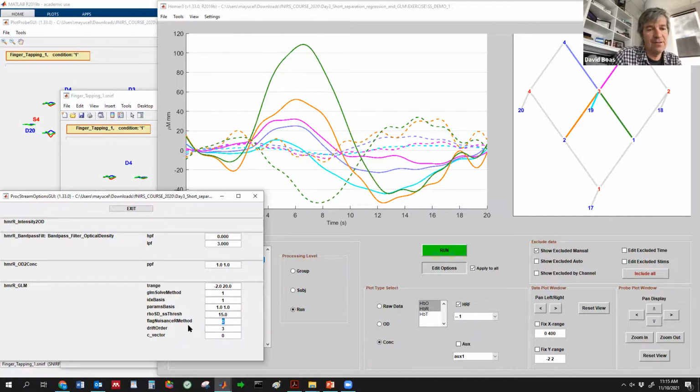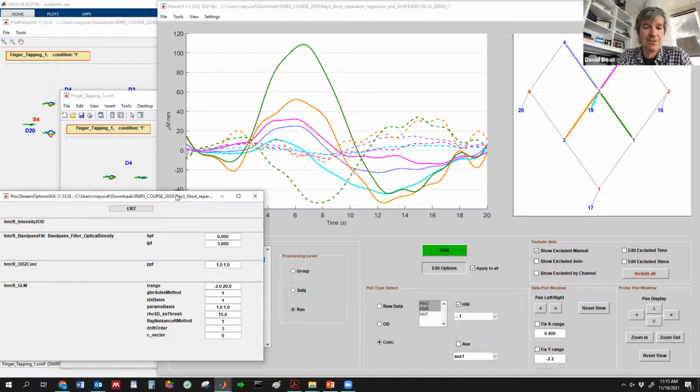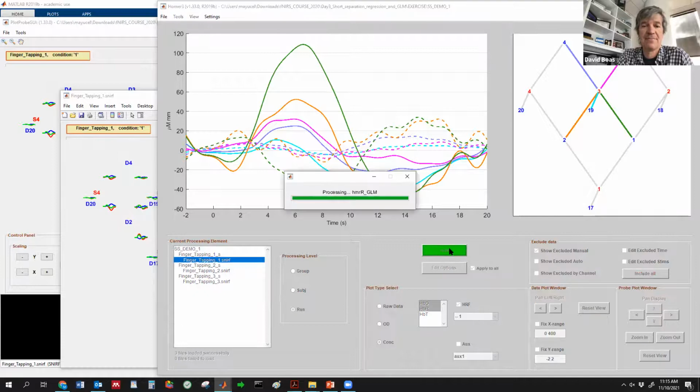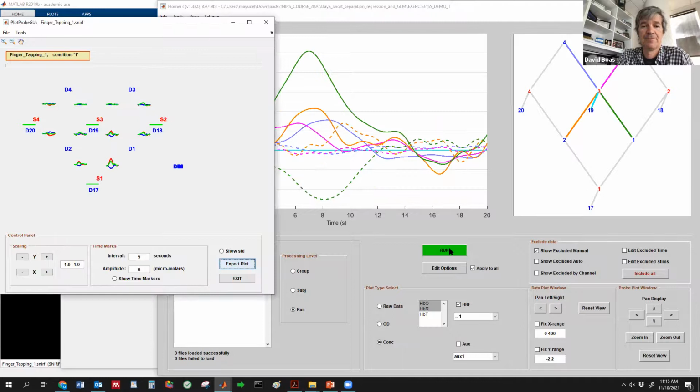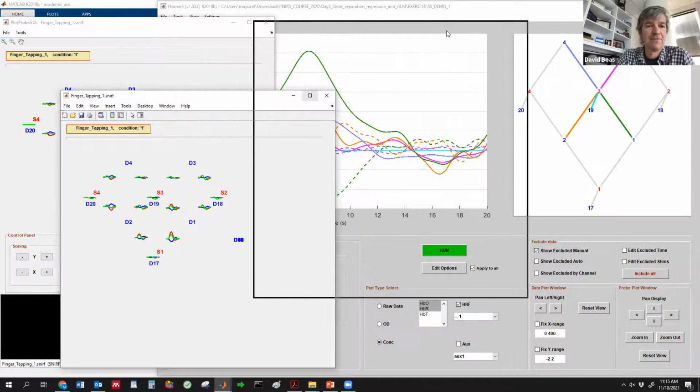So for the regression, the nuisance method, I'm going to put a flag of 1 here, which, remember, means it's going to choose the channel that's most correlated with the long separation. Okay, so now we can go back and run this again. And we see it's cleaned up the response quite nicely compared with what we had before.